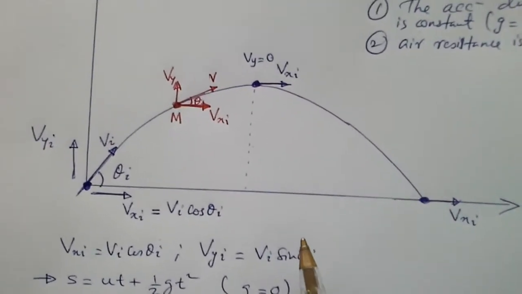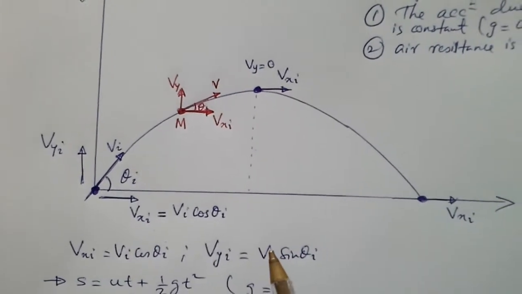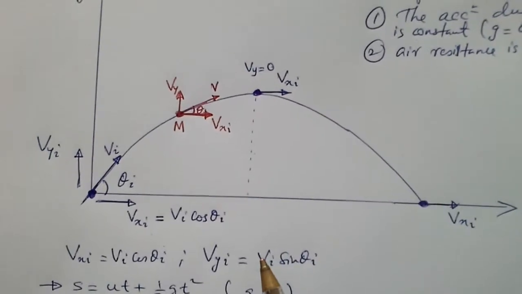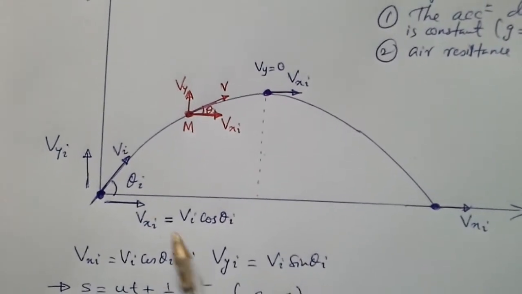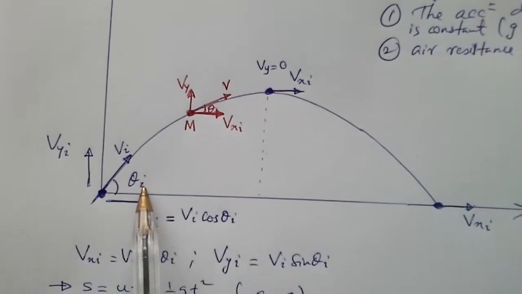So how are we going to show this? That is our task today. It's not really complicated. The first thing I'm going to do is take this angle as theta i.